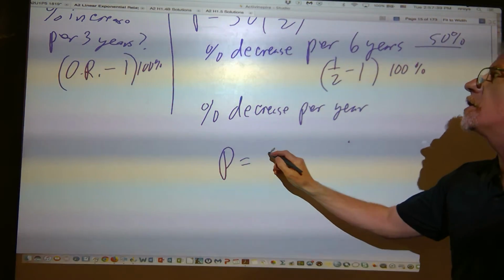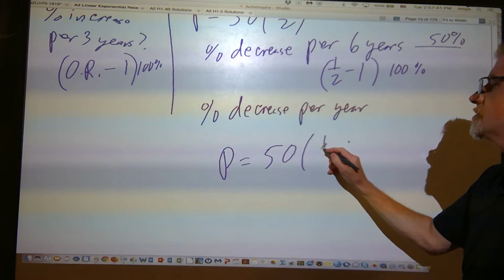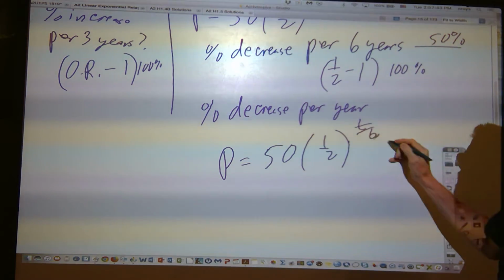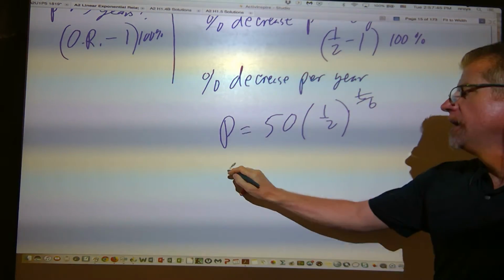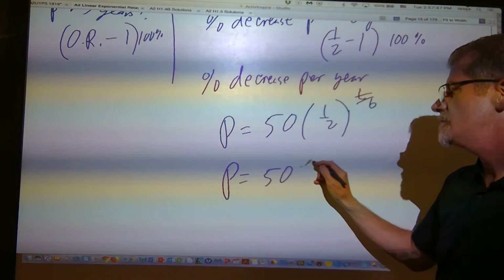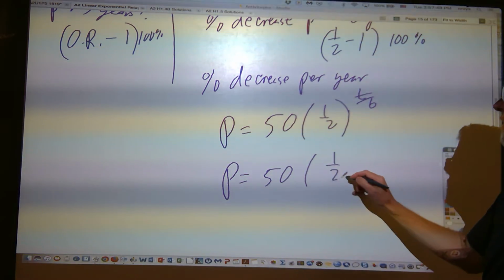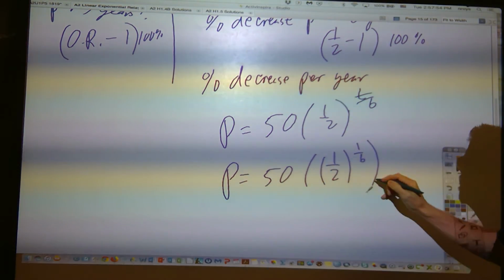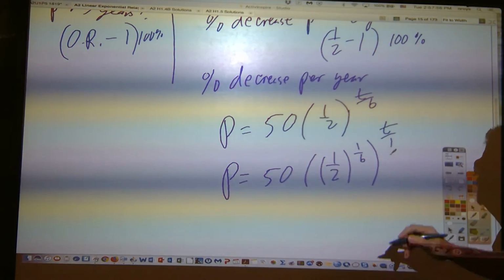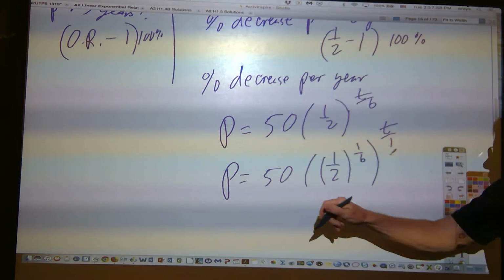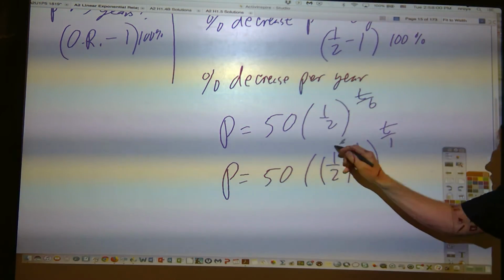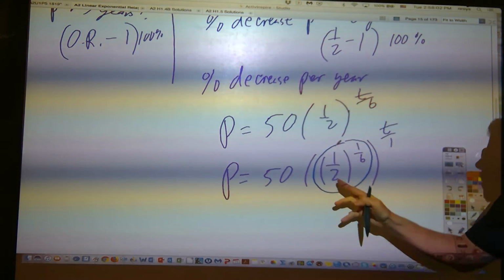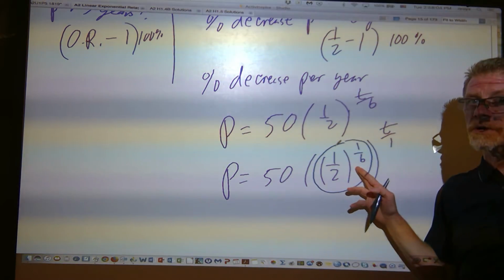And here's how we do it algebraically. Let's take our 50 times 1/2 to the t over 6 and, basically using an Algebra 1 skill, make it 1/2 to the 1/6 power, to the t over 1. Now output equals initial output times output ratio to the input over input change. Now the output ratio is 1/2 to the 1/6 power.